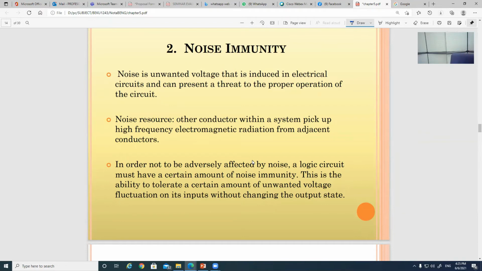For example, if we have a DC power supply with 5 volts, the ideal case will be a straight line at 5 volt. But if you zoom in, for the real case it is not like this. Actually, it is something like this. We have some noise here.